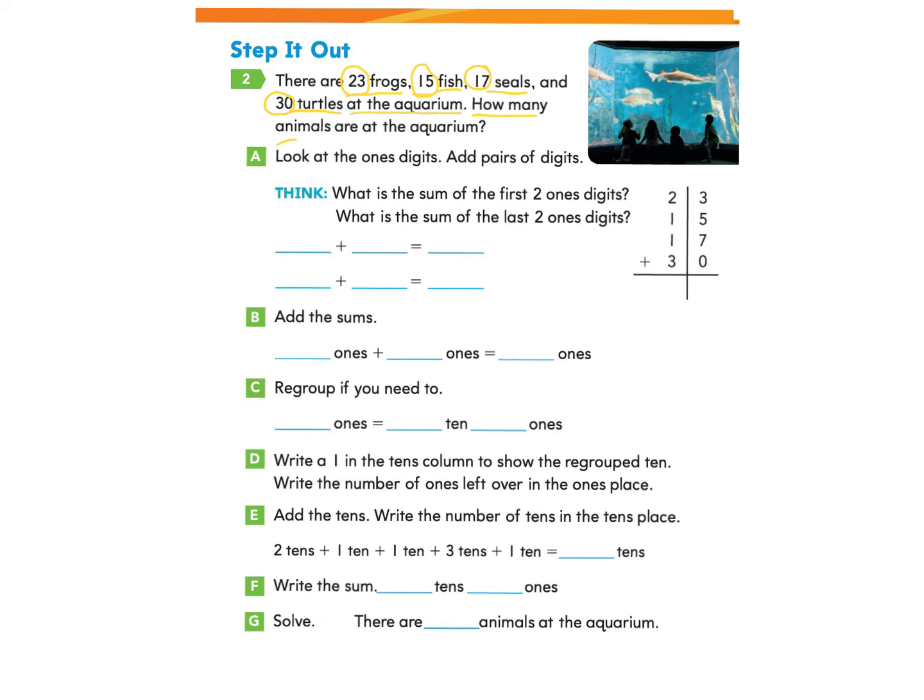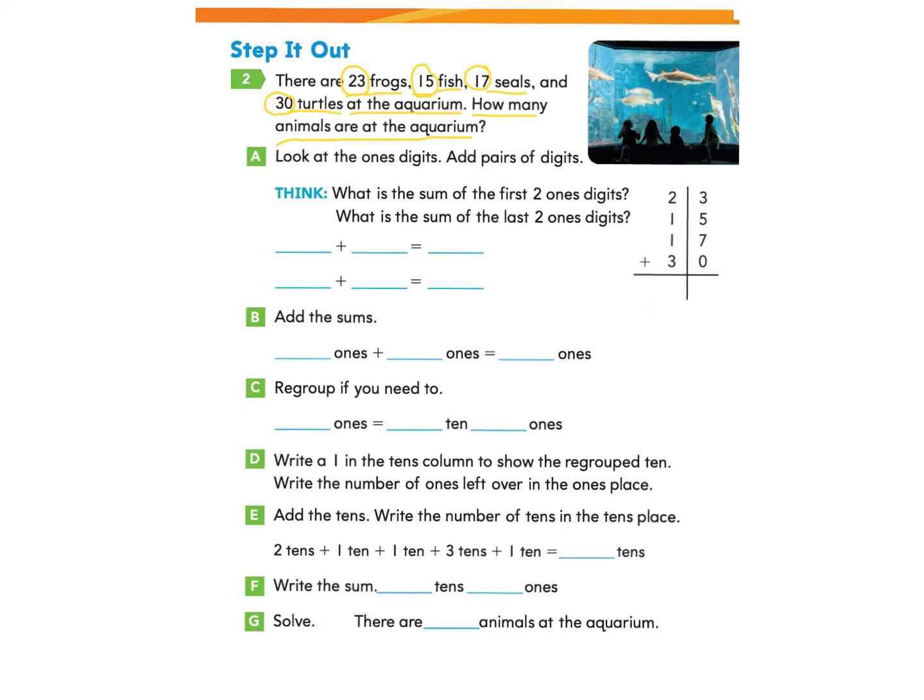How many animals are at the aquarium? We are going to use this 2-digit addition equation that they have written for us here that shows the number of frogs, the number of fish, the number of seals, and the number of turtles. And we are looking for the total number of animals at the aquarium.